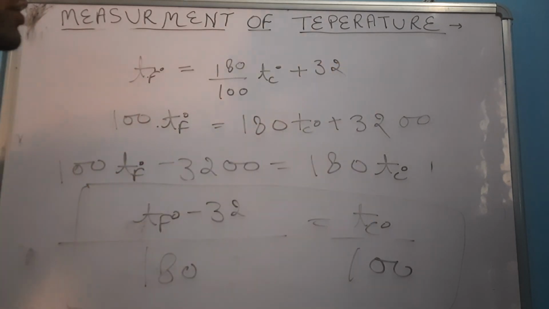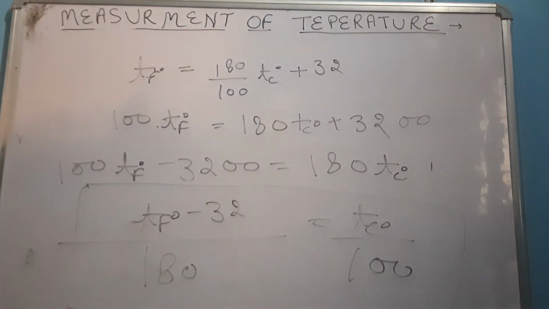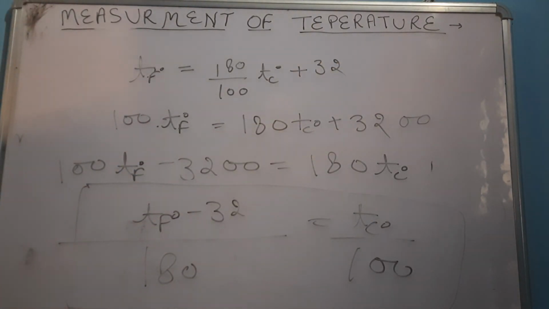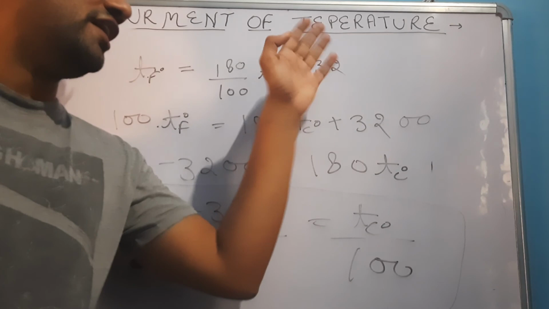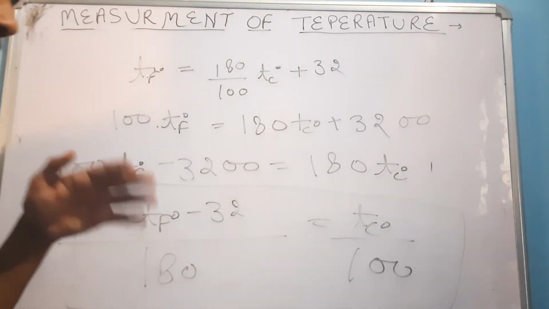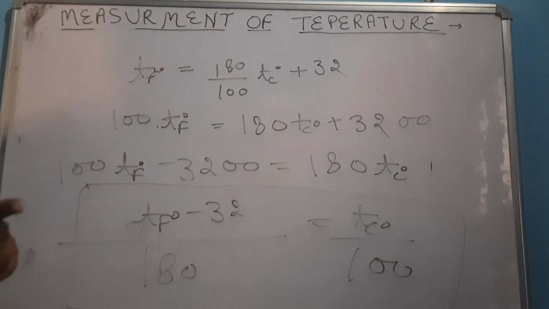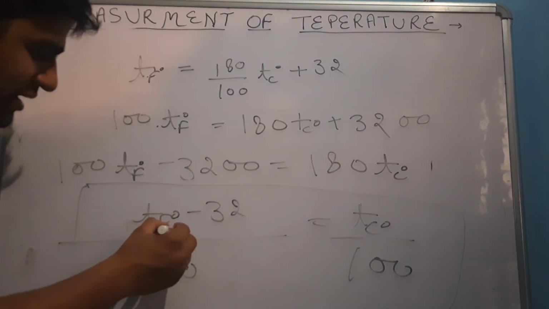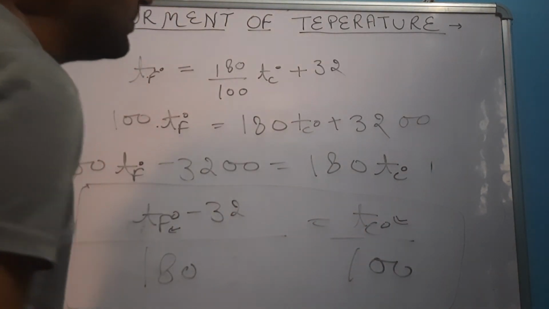And the maximum point, that is 100 degrees Celsius, will show 212 degrees Fahrenheit in the Fahrenheit scale, and the divisions in the Fahrenheit thermometer will be 180. So this is the relation between Fahrenheit temperature and Celsius temperature.